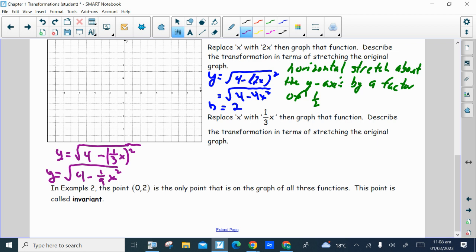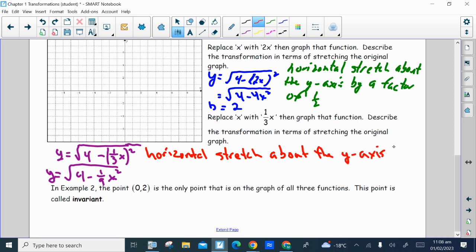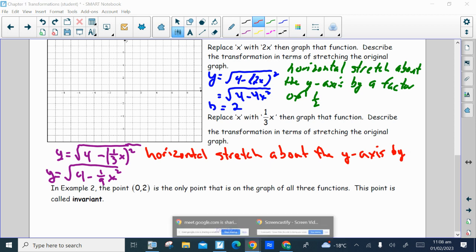So in this case here, we would say that there is a horizontal stretch about the y-axis by a factor of 3.